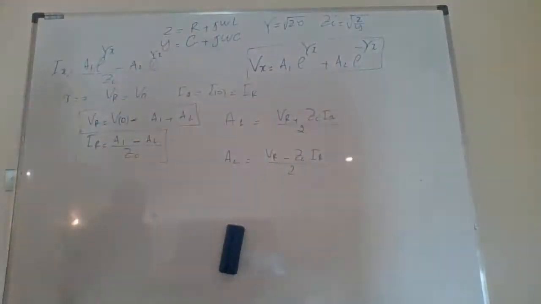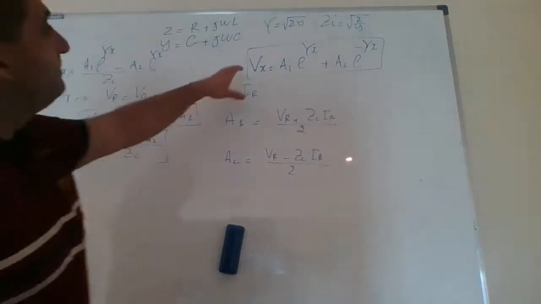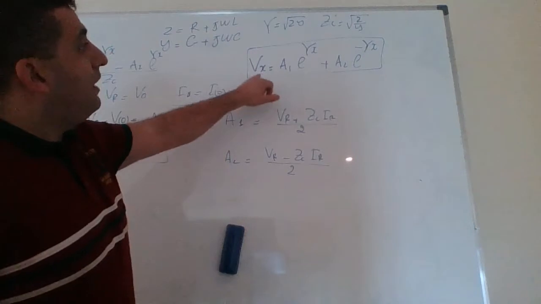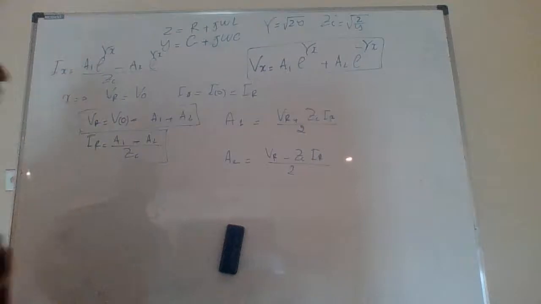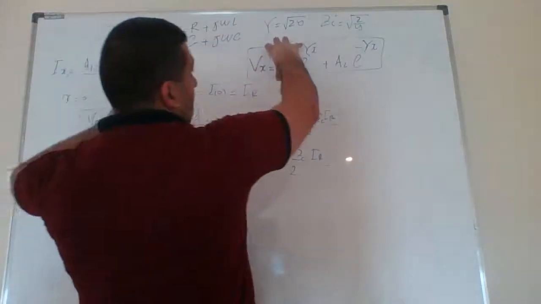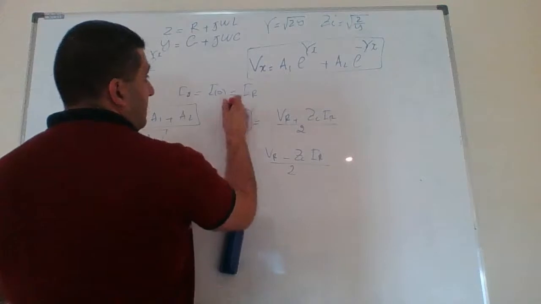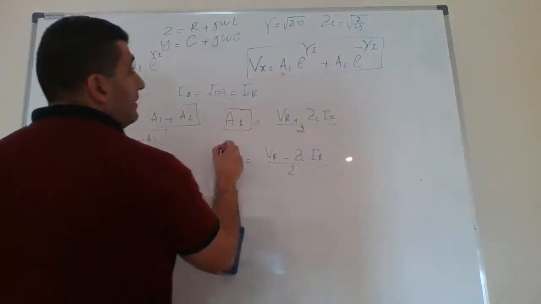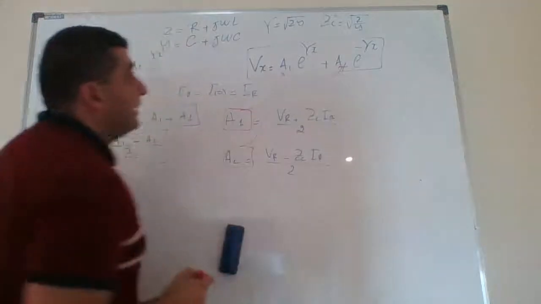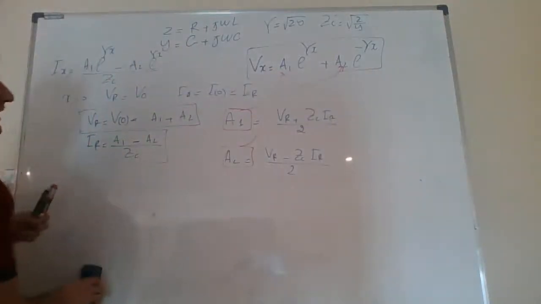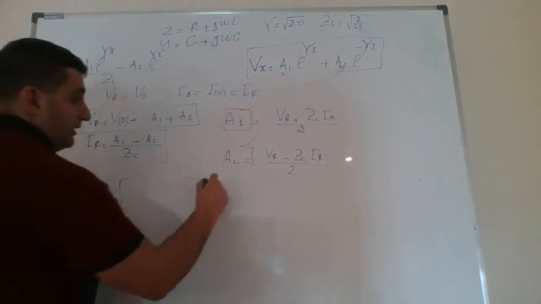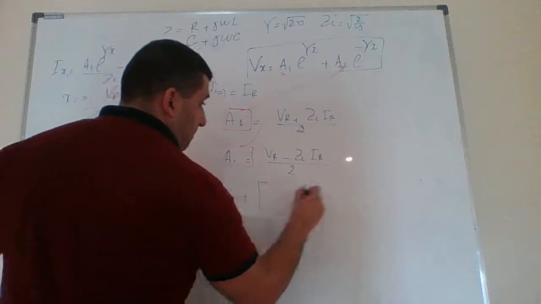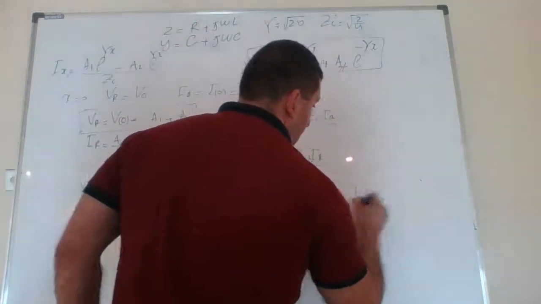Now, all I have to do is recall Vx. I will put Vx in respect of VR and IR. I have to take these equations, take this and put it into here, this, put it into here. I need to find Vx. It's equal to something multiplied by VR plus something multiplied by IR.